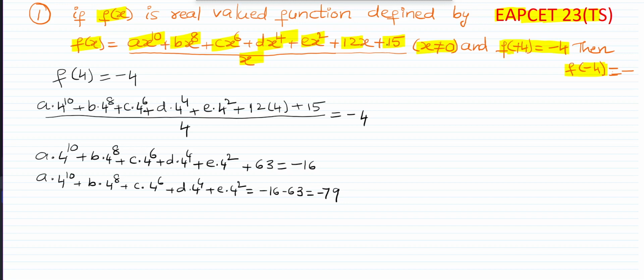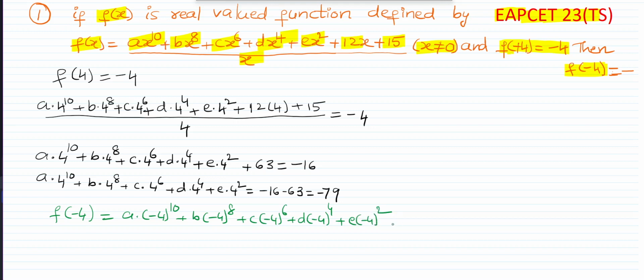Now we find f of minus 4. That is f of minus 4 is equal to a into minus 4 power 10 plus b into minus 4 power 8 plus c into minus 4 power 6 plus d into minus 4 power 4 plus e into minus 4 whole square plus 12 into minus 4 plus 15, by this value minus 4.